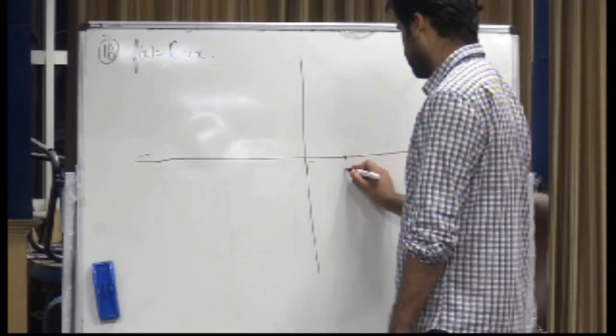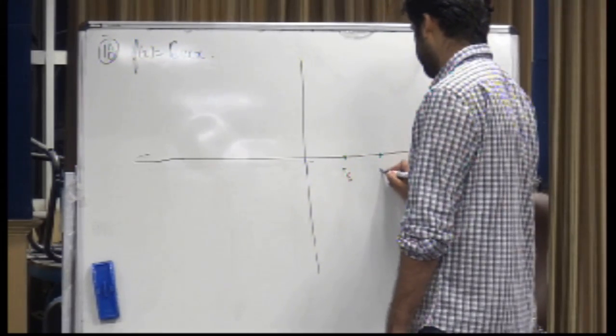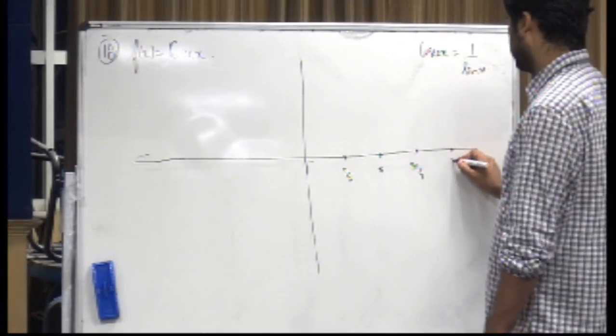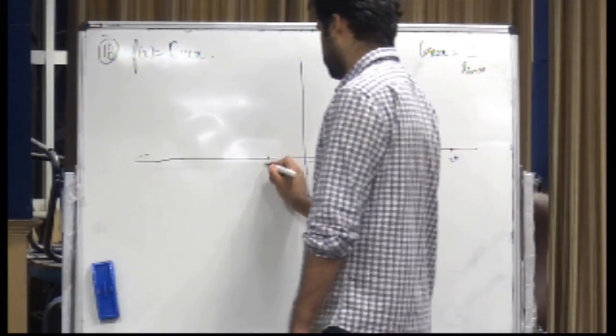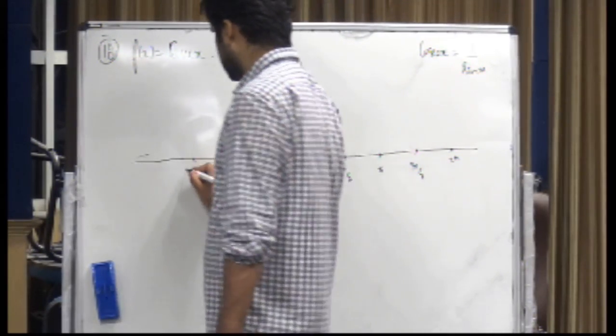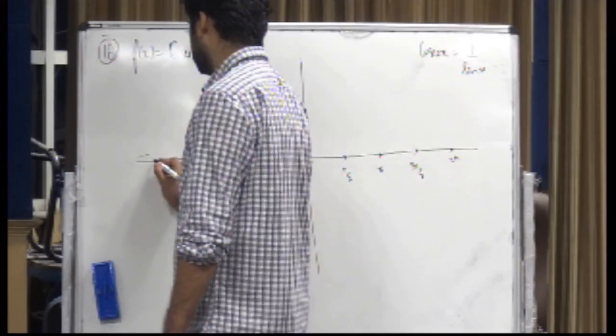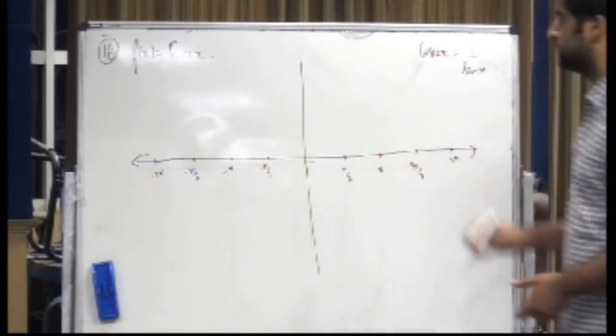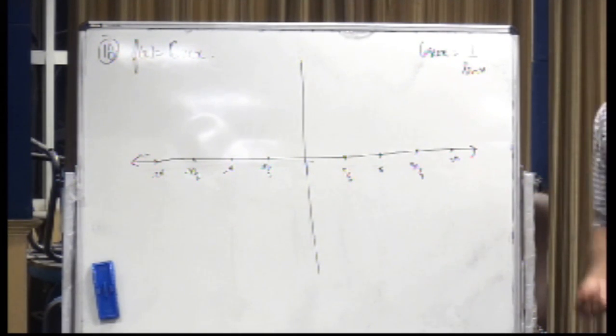So we have pi by 2, pi, 3 pi by 2, 2 pi, minus pi by 2, minus pi, minus 3 pi by 2, minus 2 pi. Okay. So let's first make the graph of sin x here.